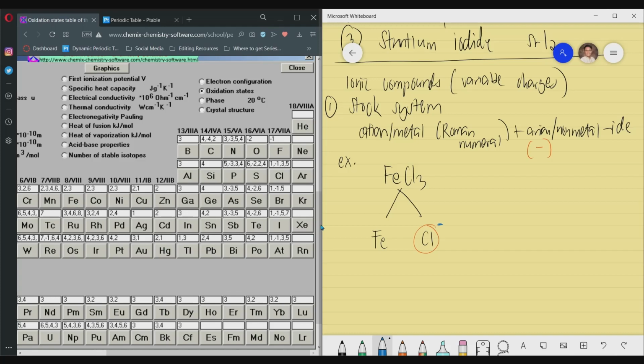Ulitin ko po. Ang function ni chlorine kay FeCl3 ay anion. Naalala natin, pag sinabing anion ay negative. So, tignan sa periodic table kung anong oxidation state value ang nagpapakita ng pagka-negative. Kay Cl or chlorine, -1. So, I will deduce that chlorine started as -1 before they combined.